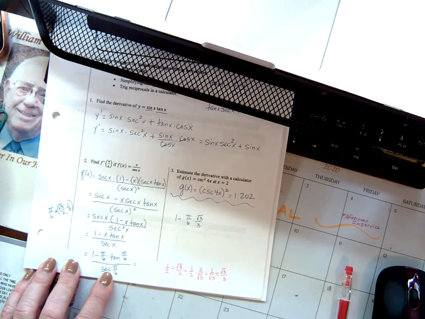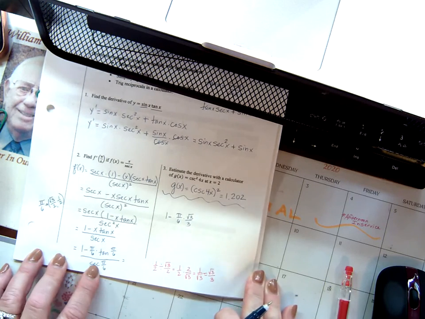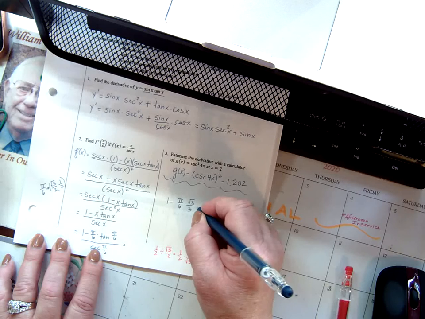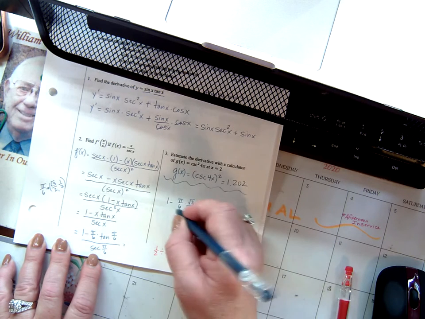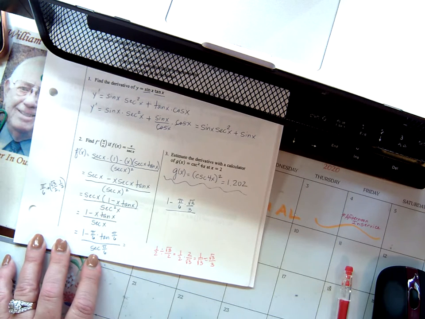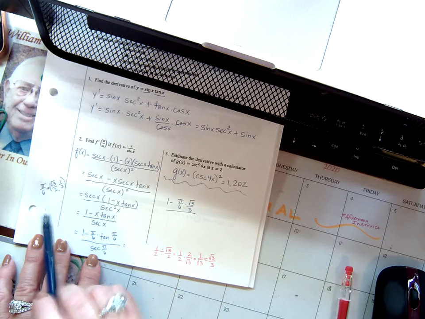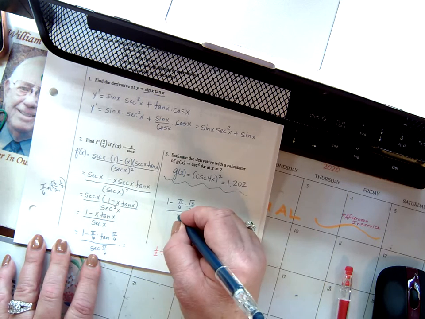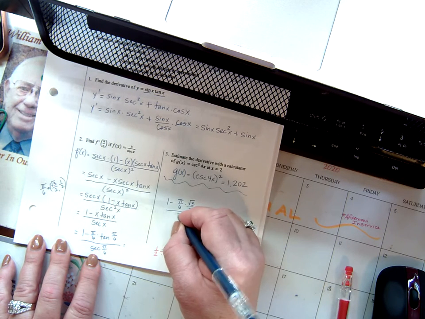Now, if you're using the chart, you didn't need to do all that work. You have that number already. That's my numerator. Denominator is secant of pi over 6. Well, secant is reciprocal with cosine. Cosine is the x value. So I reciprocal that, and it is 2 over the square root of 3.